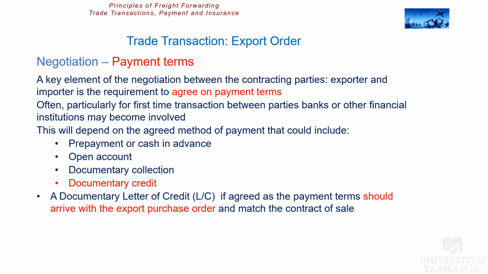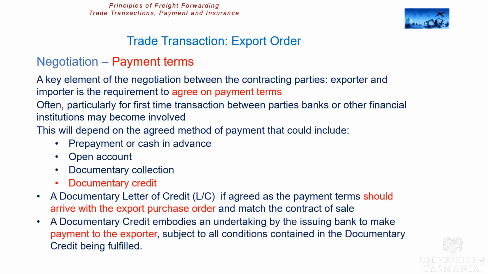The documentary letter of credit, if it's agreed, should arrive with the export purchase order and be consistent with the contract of sale. One of the main benefits of a documentary credit, it embodies an undertaking by the issuing bank to make the payment to the exporter.